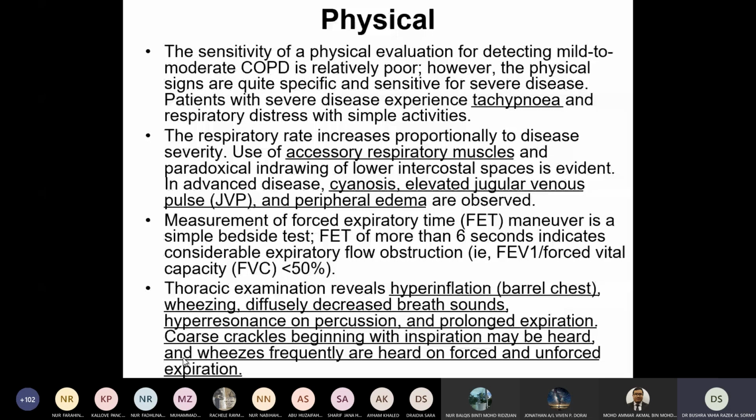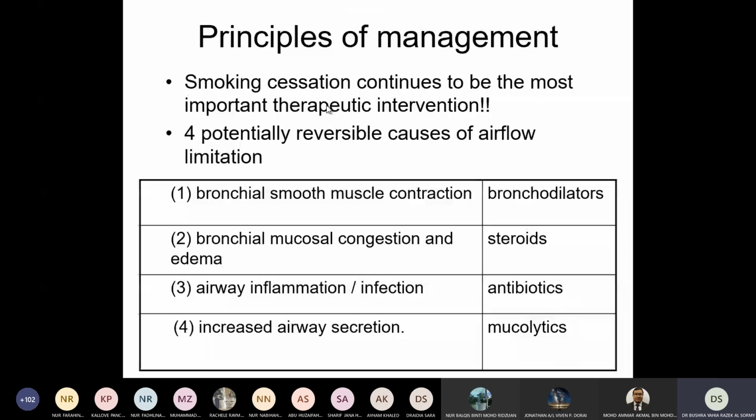So, what is the principle of management of COPD? Usually, the first thing is smoking cessation. Okay. And when we said what happens in COPD, they have bronchial smooth muscle contraction, right? And also bronchial mucosal congestion and airway inflammation.